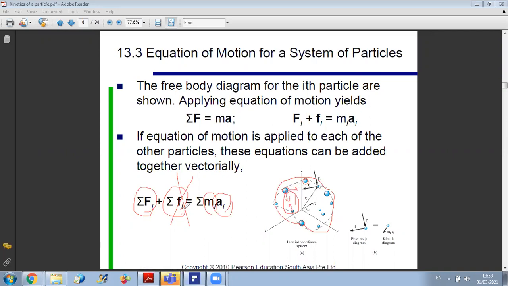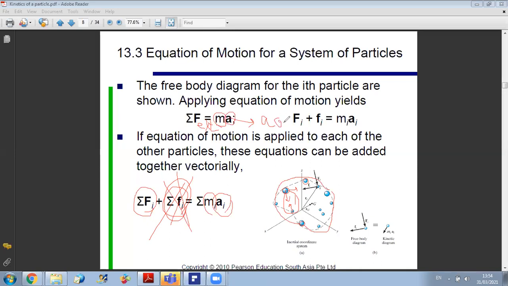So when you sum the internal forces, which are the action-reaction between particles, this term will be cancelled out. This is why, when we apply the second law of Newton, we say the sum of external forces equals the mass times A. And here, this is the total mass, and this acceleration represents the acceleration of the center of mass.